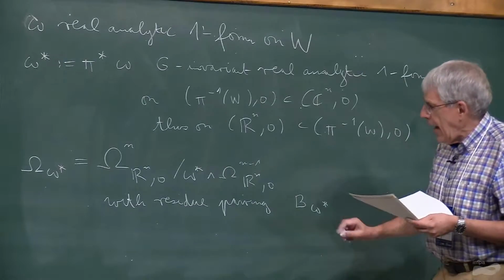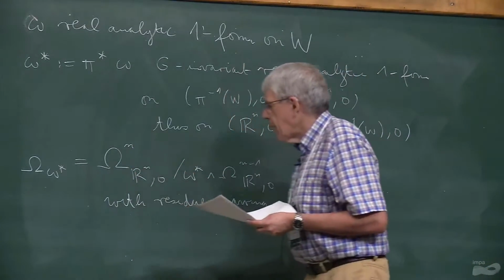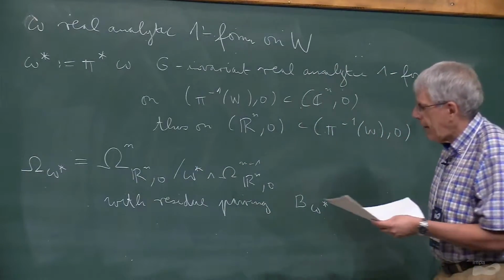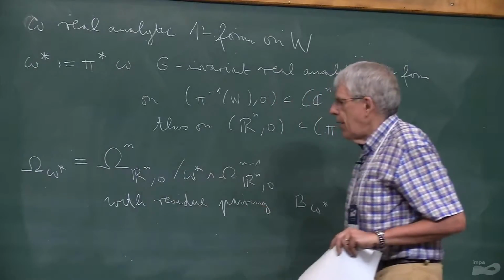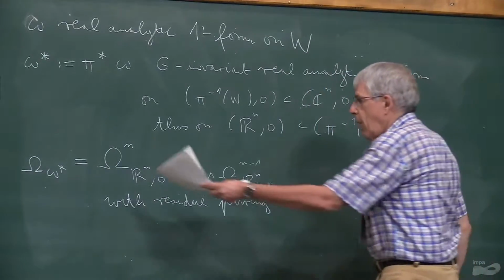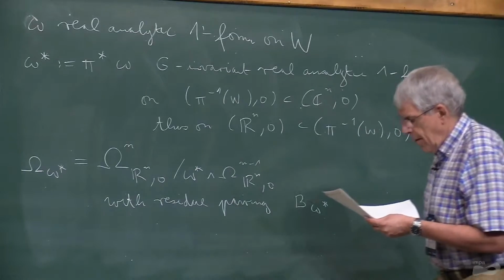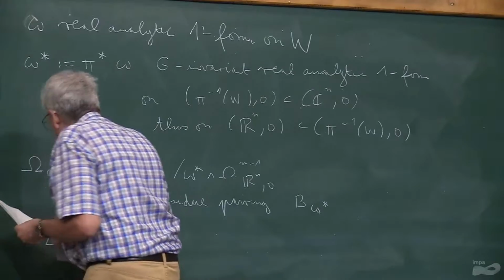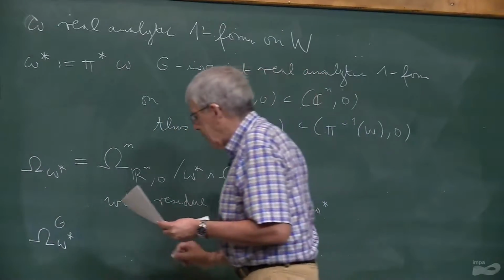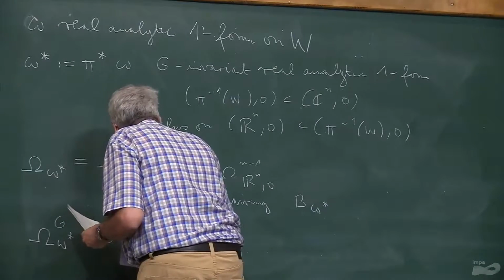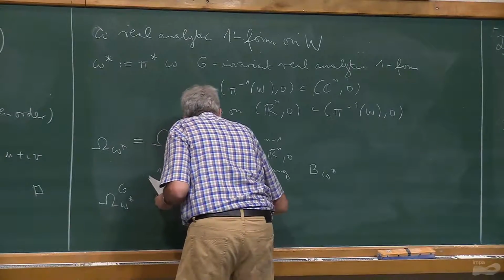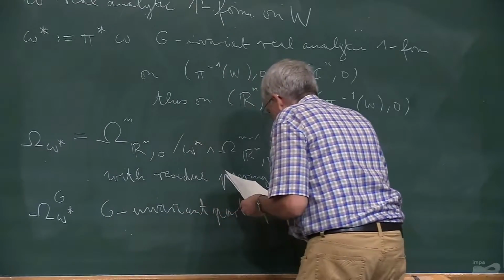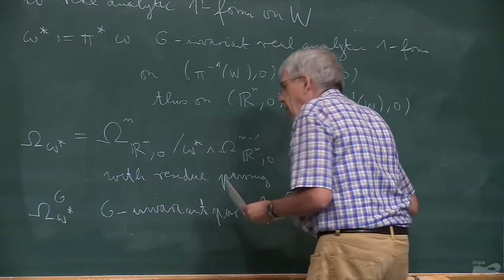And now G acts on this module, on omega n Rn, 0, and also on this quotient. And we consider capital Omega_G, the G invariant part of Omega star.